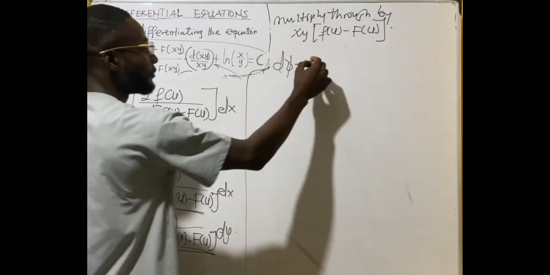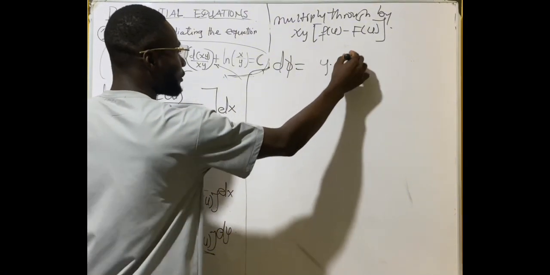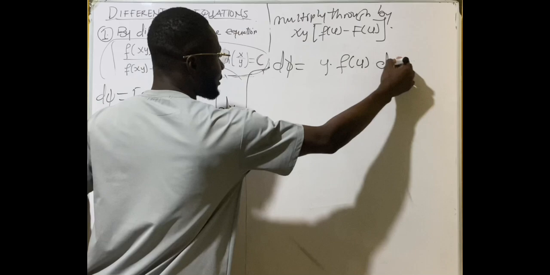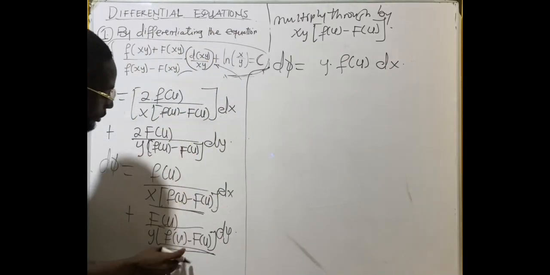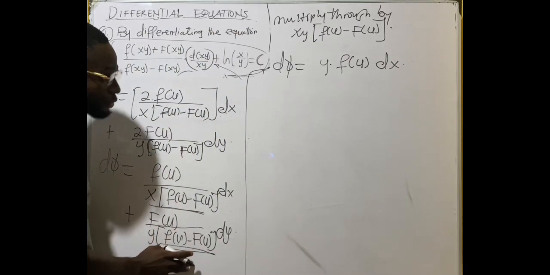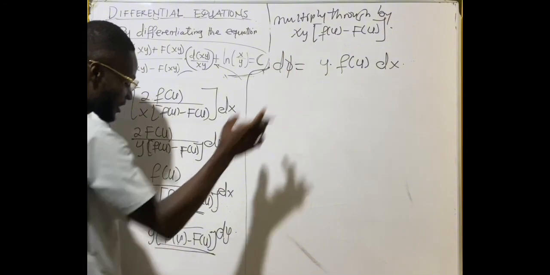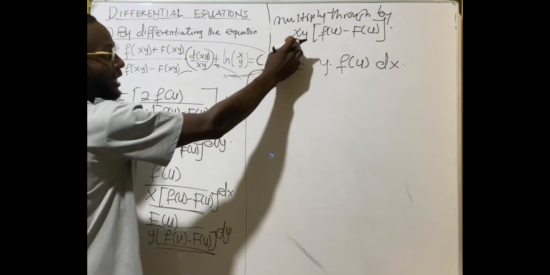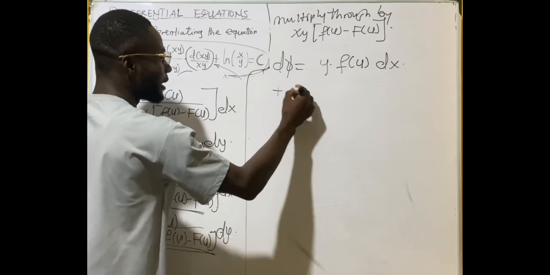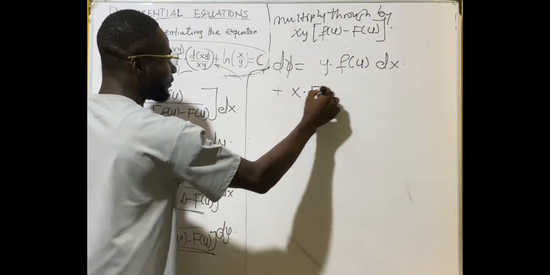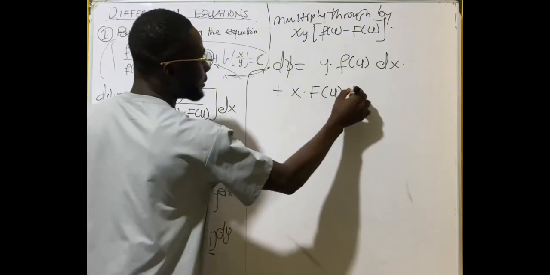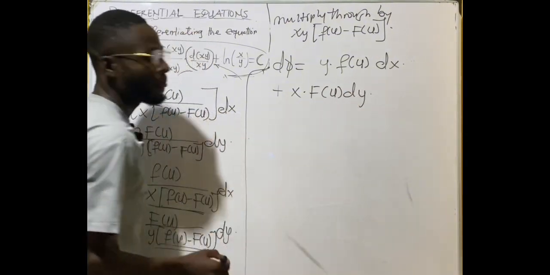So we're going to have y times small f of u dx. Then when we multiply this aspect through by this function, the denominator goes off, we have x left, so plus x times big F of u, dy.